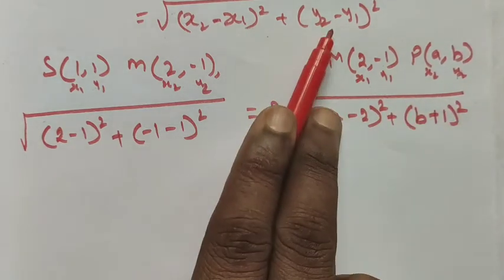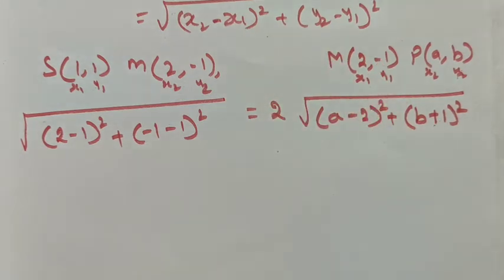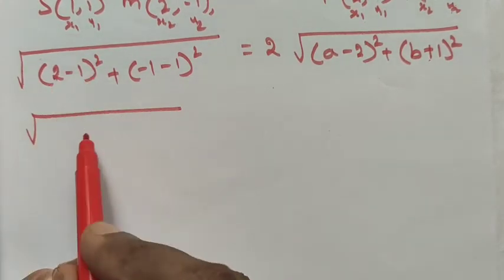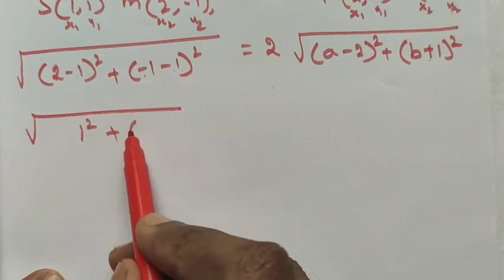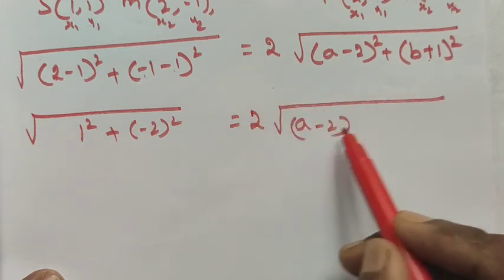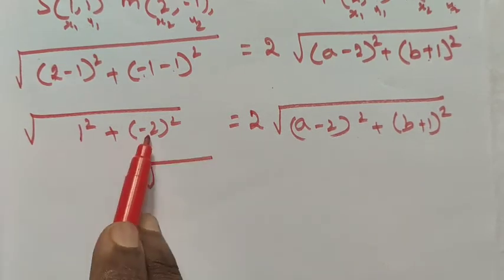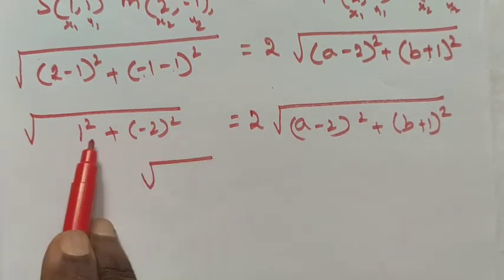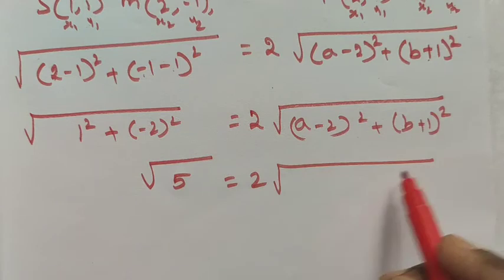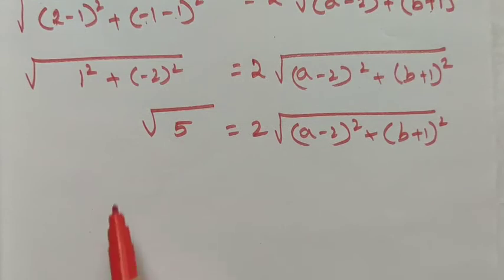Now this term is the root of 2 minus 1, which is 1 square, plus minus 2 whole square, equal to 2 root of (A minus 2) whole square plus (B plus 1) whole square. Substituting, minus 2 times minus 2 is 4. 4 plus 1 square is 1, so 4 plus 1 is 5, equal to 2 times the root of (A minus 2) whole square plus (B plus 1) whole square. Now squaring on both sides.